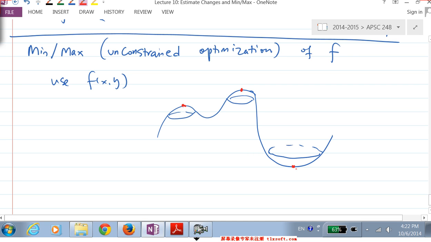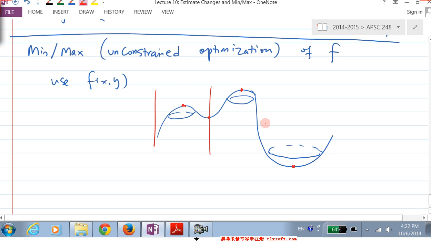So the question here is, when you compare these two, which one's bigger? This one. But if you restrict yourself just to within this location, then where is the peak? Here. As a matter of fact, there is a minimum here.